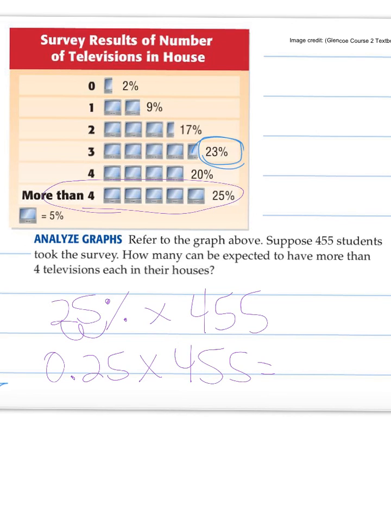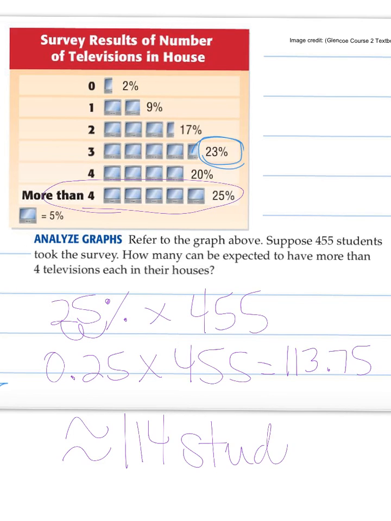Okay, and that equals 113.75. Again, you couldn't have 3/4 of a person, so let's round up to approximately 114 students. So 114 students have more than 4 TVs in their house.